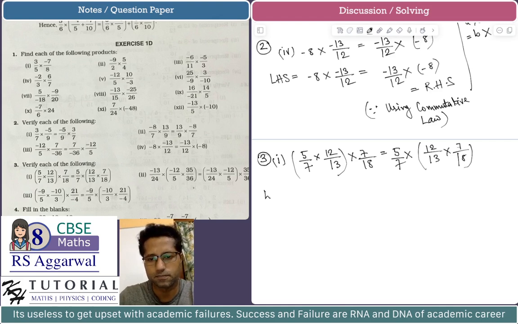Now LHS is equal to 5 by 7 multiplied by 12 by 13 multiplied by 7 by 18.